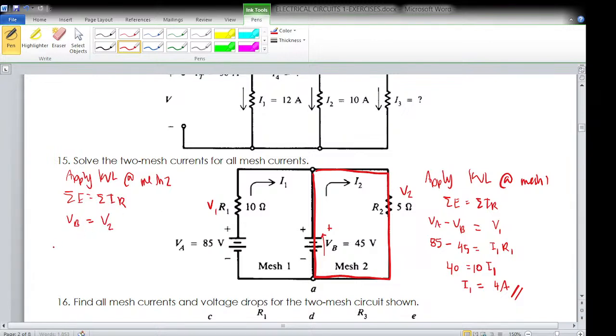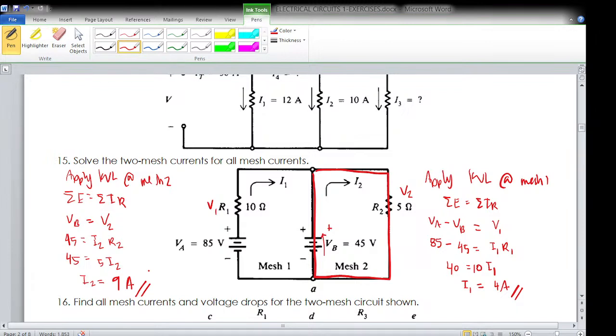And how are you going to solve for V sub 2? By the way, V sub B is 45. I sub 2 times R sub 2, ma'am. So, 45 equals R sub 2, which is 5, times I sub 2. Therefore, how much is I sub 2? 9 amperes. And that's it. That's the solution for number 15.